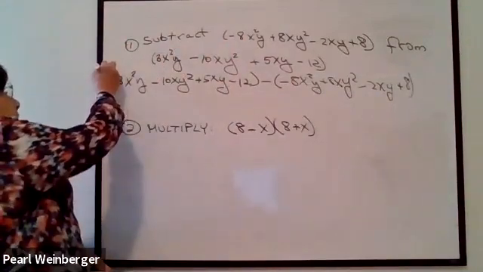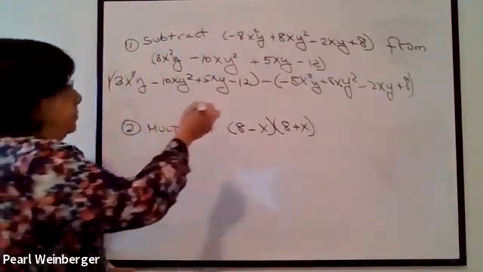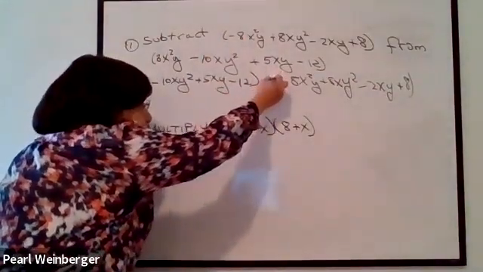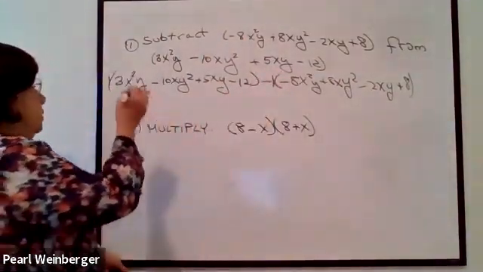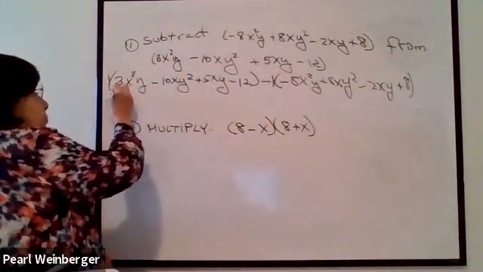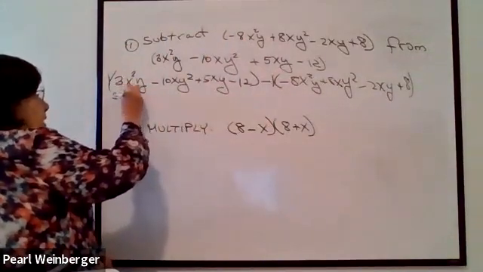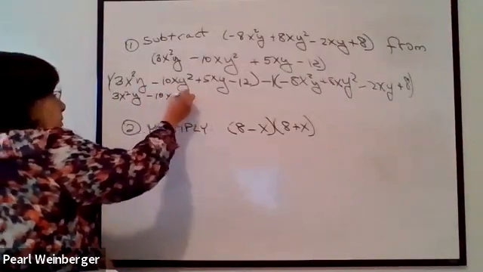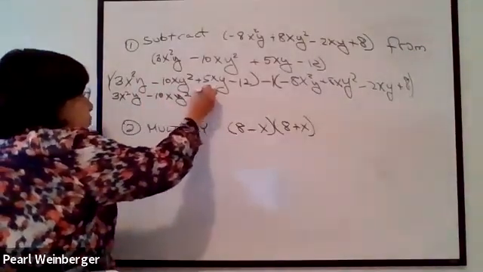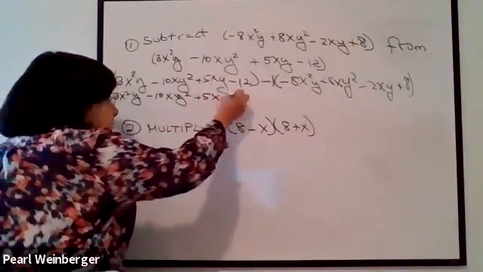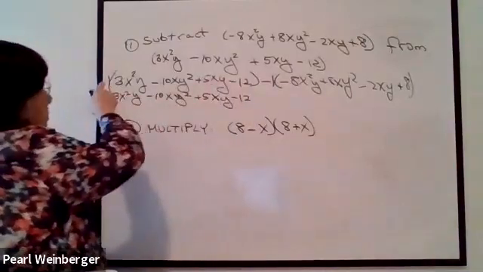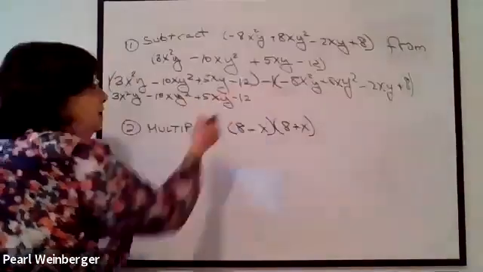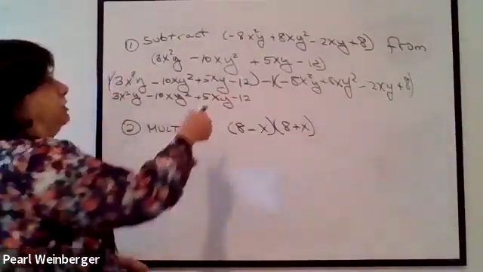Don't forget, when we have no number in front of the parentheses, it's as if there is a one. So this ends up being 3x squared y minus 10xy squared plus 5xy minus 12, because this was a positive one. This is a negative one, so it's going to change all those signs.